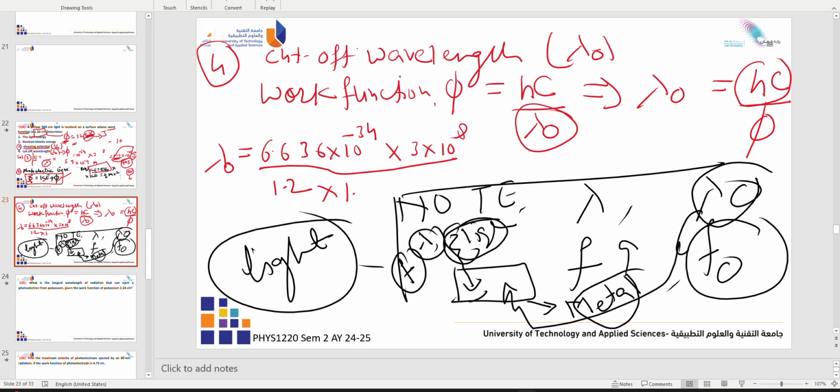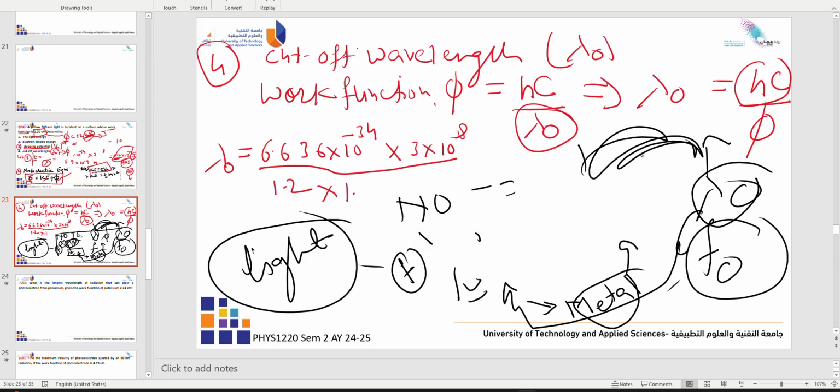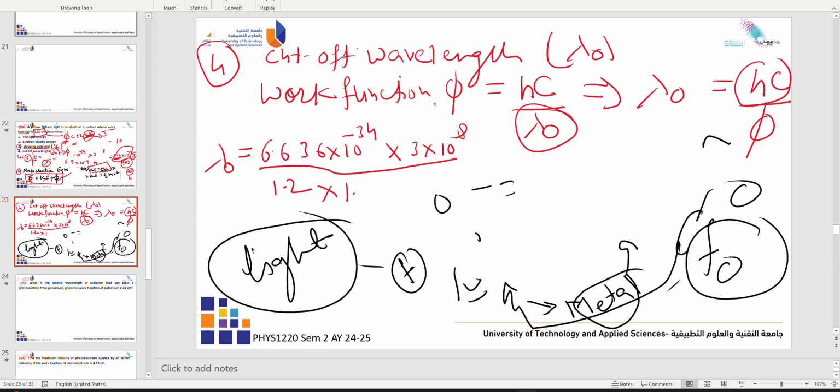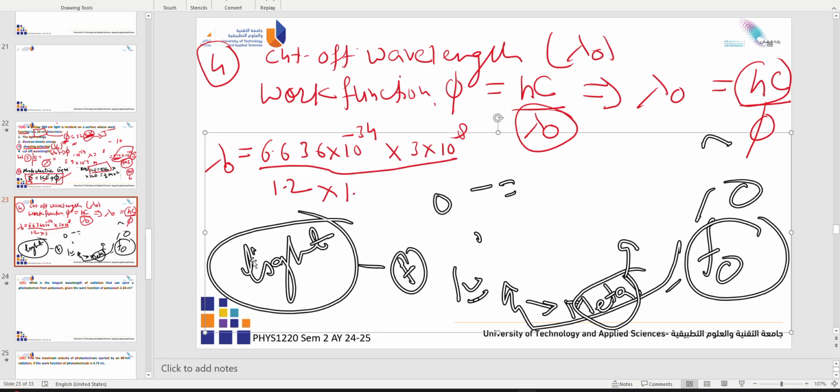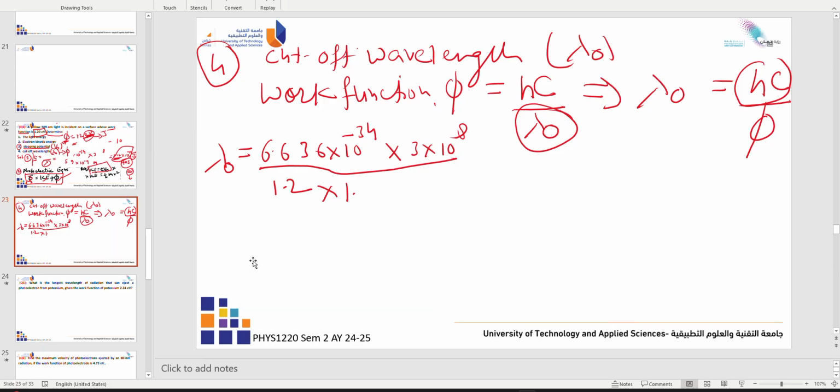Related to the metal means related to the work function. So the meaning is that lambda is different and lambda naught is different. They are not the same.